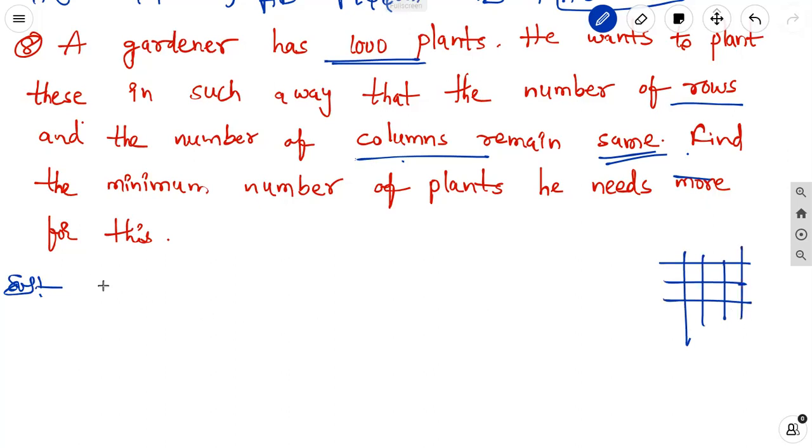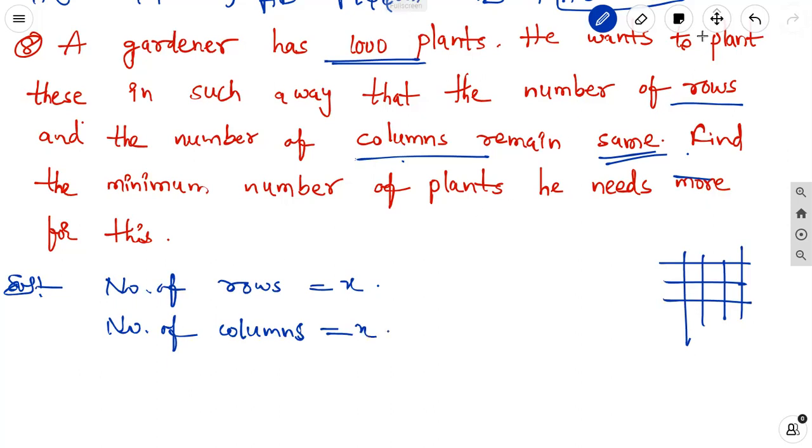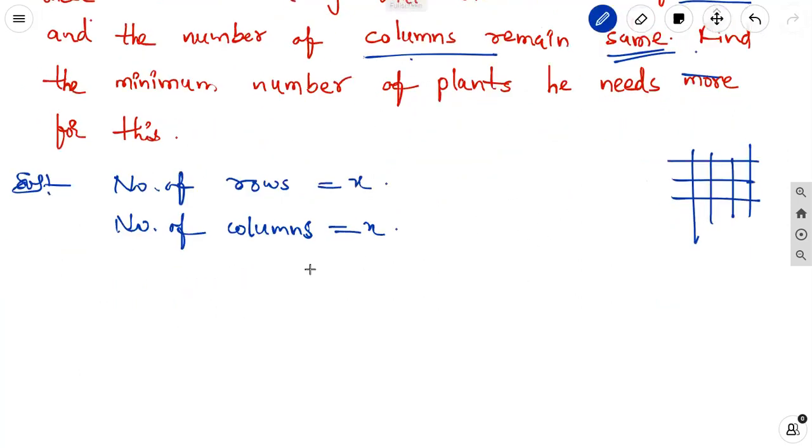Let the number of rows equal x. The number of rows and number of columns are equal, so the number of columns is also x. What is the area, or the number of plants.